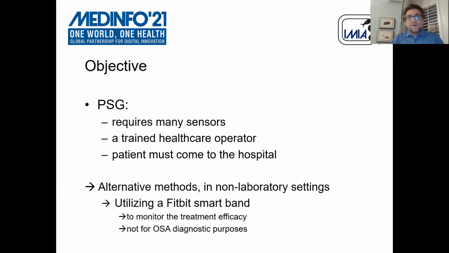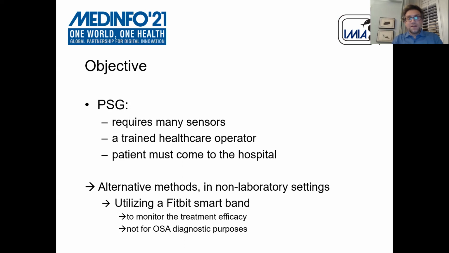About the objective of our study: PSG requires many sensors connected to the patient's body, and also we need an operator trained for doing the PSG, and a patient must come to the hospital and stay over the night. So if we can find an alternative method which can be performed in a non-laboratory setting, it can be useful.